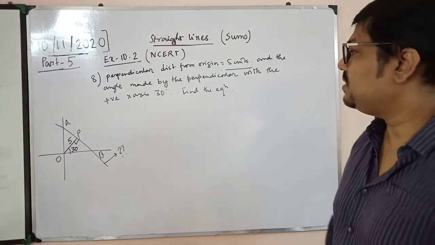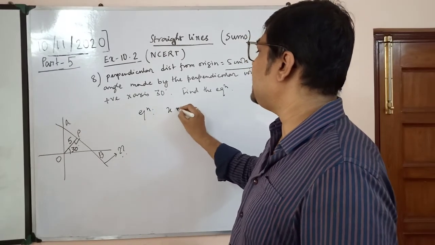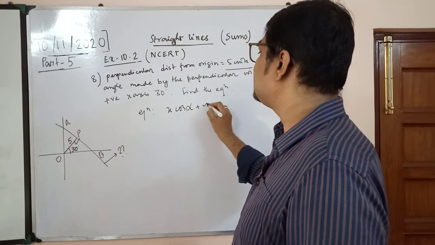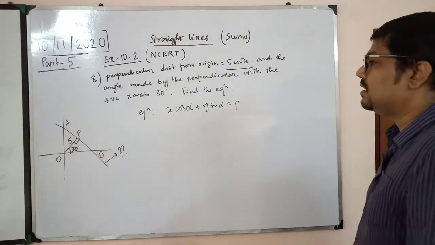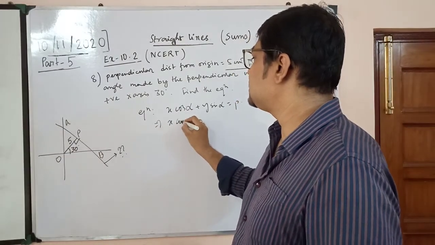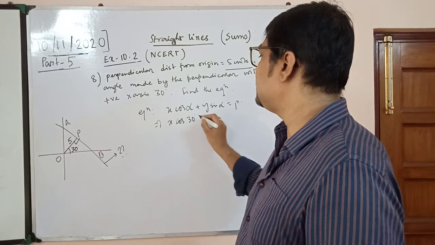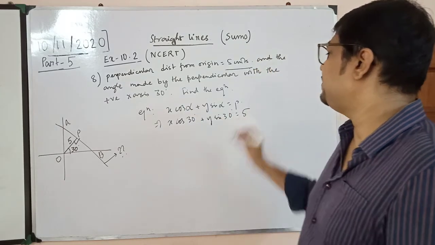So if you remember the equation form, it was something like this: x cos alpha plus y sin alpha equals p. So just putting this over here, we get x cos 30 degrees plus y sin 30 degrees equals 5.